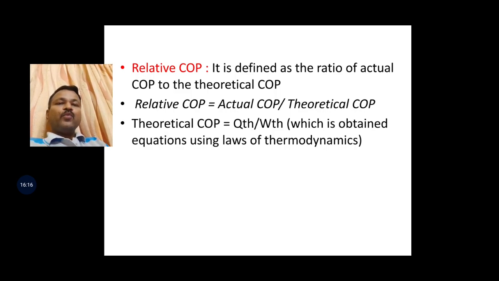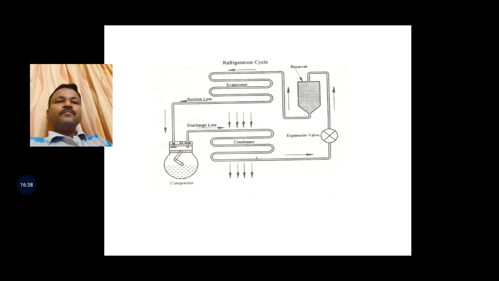The answers from the equations are called theoretical COP, which is in the denominator. Actual COP is what you are observing from the machine. So all these are 2 marks questions.